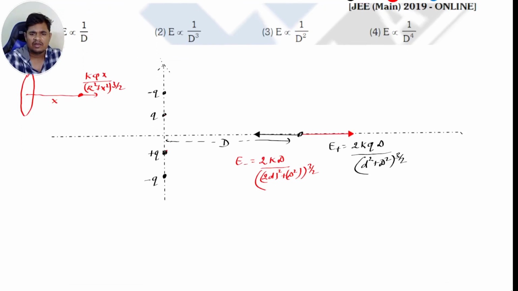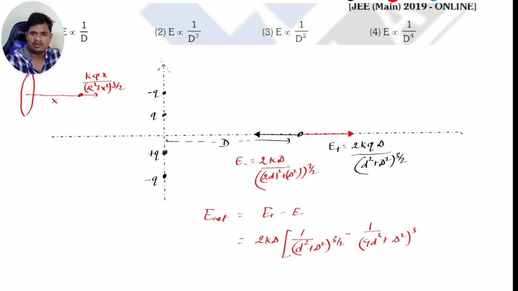Now we have to find how E is proportional to D. So E net will be E positive minus E negative, and you can see that 2kqd is a common term, and then this will become 1 upon D square plus d square raised to the power 3 by 2 minus 1 upon D square plus 4d square raised to the power 3 by 2.